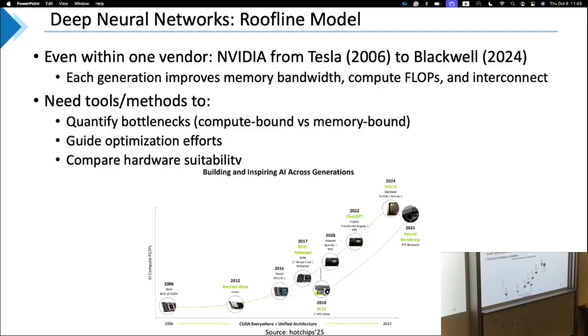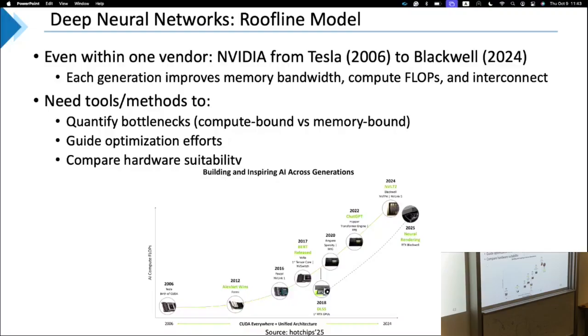So as I mentioned before, as machine learning system developers, we need a tool. We need a tool to help us understand where the bottleneck is, and a tool to understand which hardware is suitable for the target algorithm. So this is the core of this module.